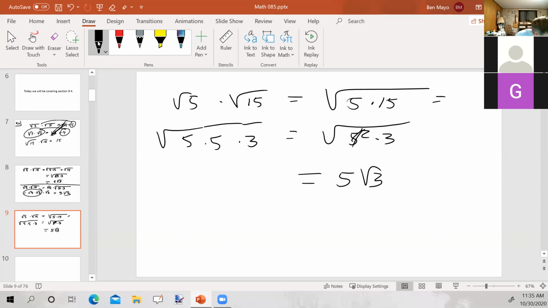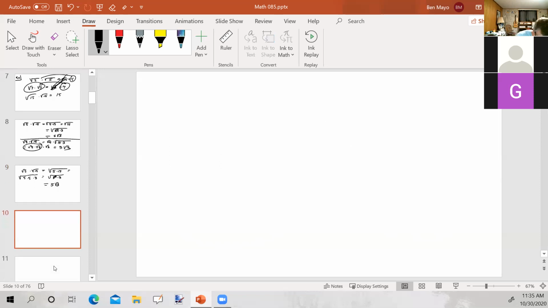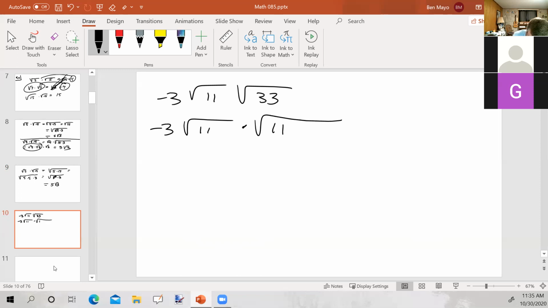All right. Let's take a look at another problem. -3 times the square root of 11 times the square root of 33. So this could be written as -3 times the square root of 11 times the square root of 11 times 3.